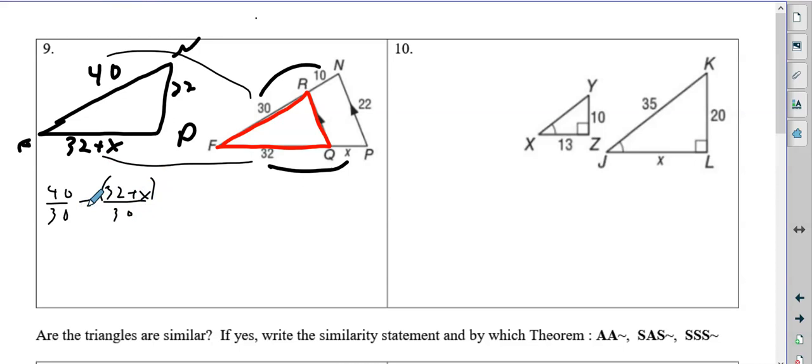And that would give us 40 times 30, which is 1200, equals 30 times 32, okay, which is 960 plus 30x.